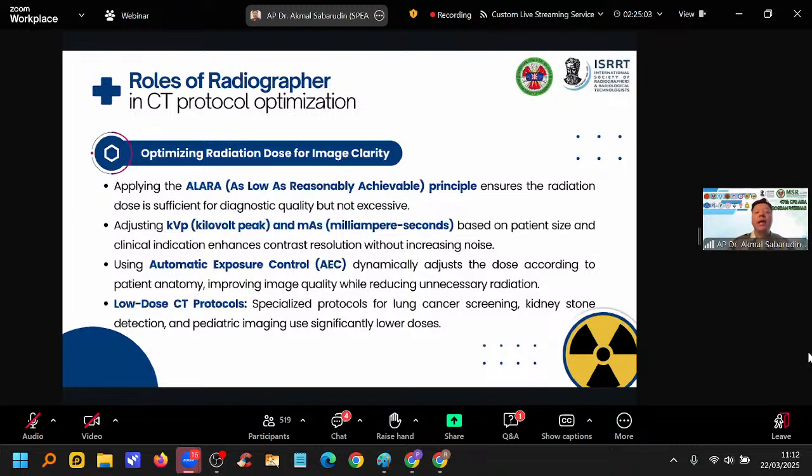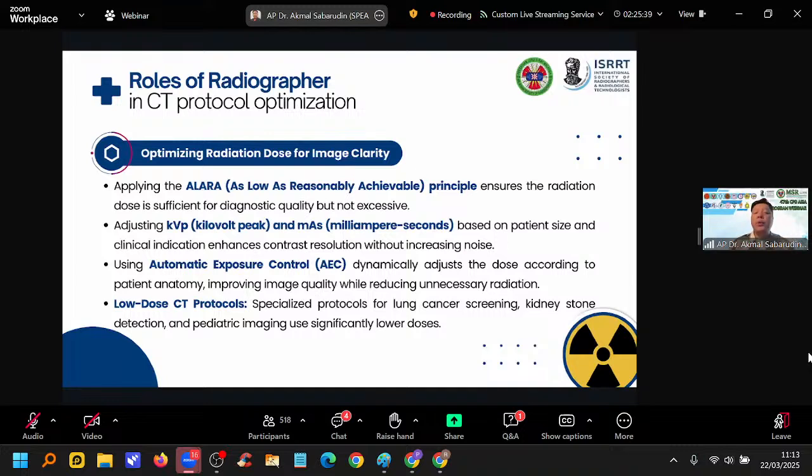And then using automatic exposure control. This has also been mentioned by previous speakers. It dynamically adjusts the dose according to patient anatomy, improving image quality while reducing unnecessary radiation. Using tube current modulation is one example, so we can modulate the mAs effectively according to the patient size as the radiation source rotates around the patient.